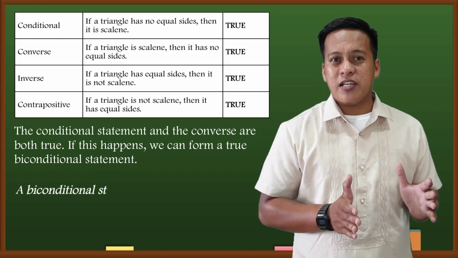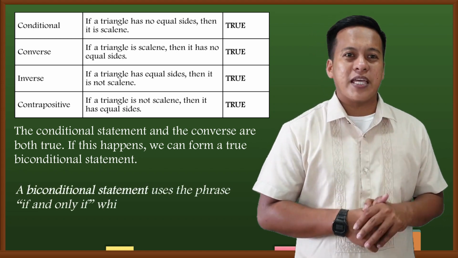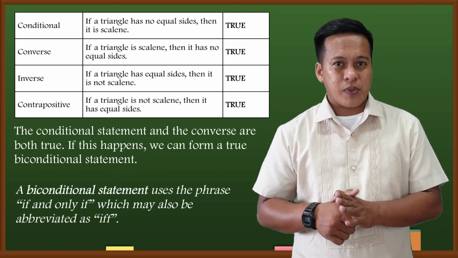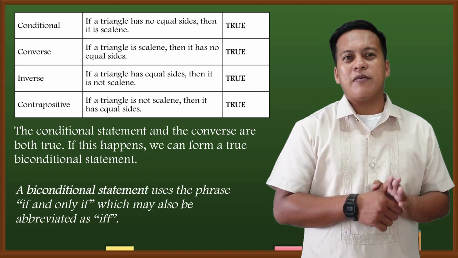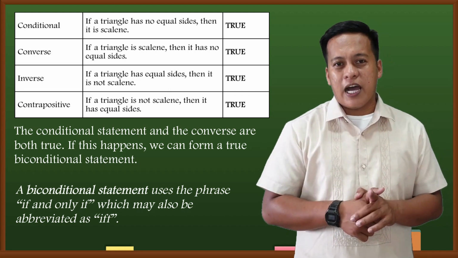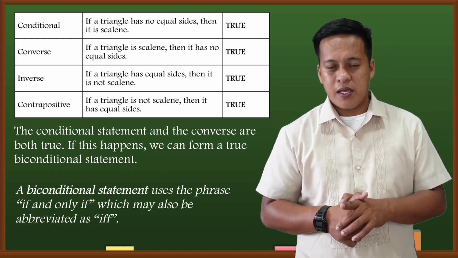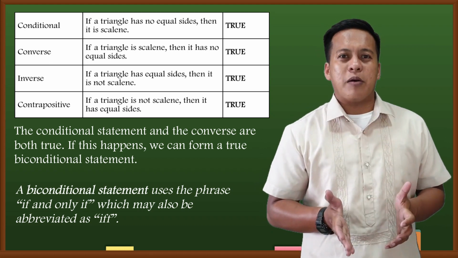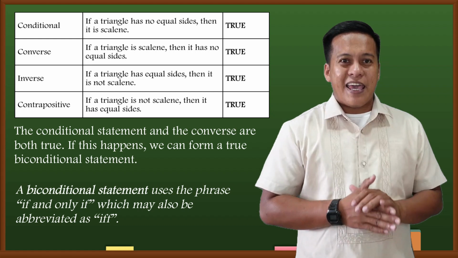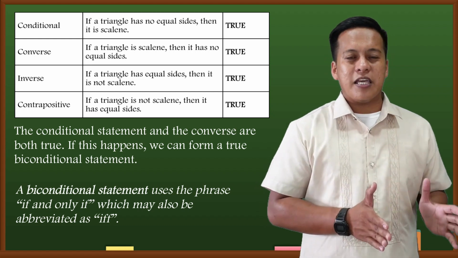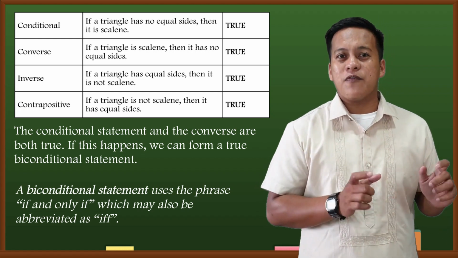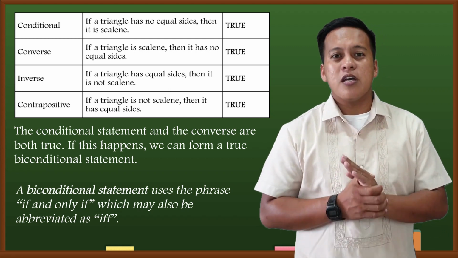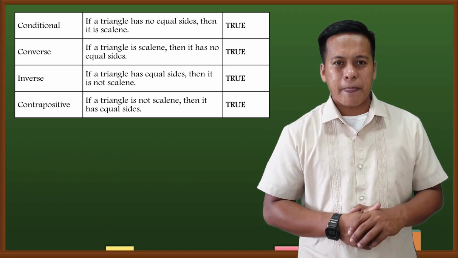A biconditional statement uses the phrase if and only if, which may also be abbreviated as IFF. In this example, we can form a biconditional statement, and it can be done easily by identifying first the hypothesis and the conclusion from the given conditional statement.